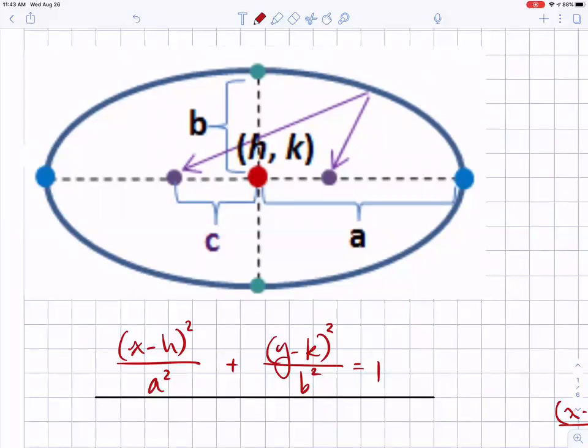It's 2A, right? Because I've got an A plus another A. So if one of my A's is 12, then the whole entire major axis is 24, right?